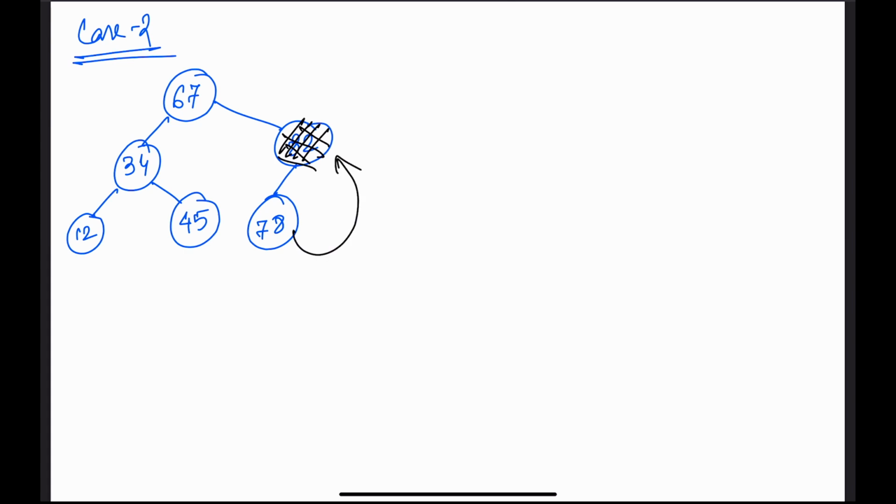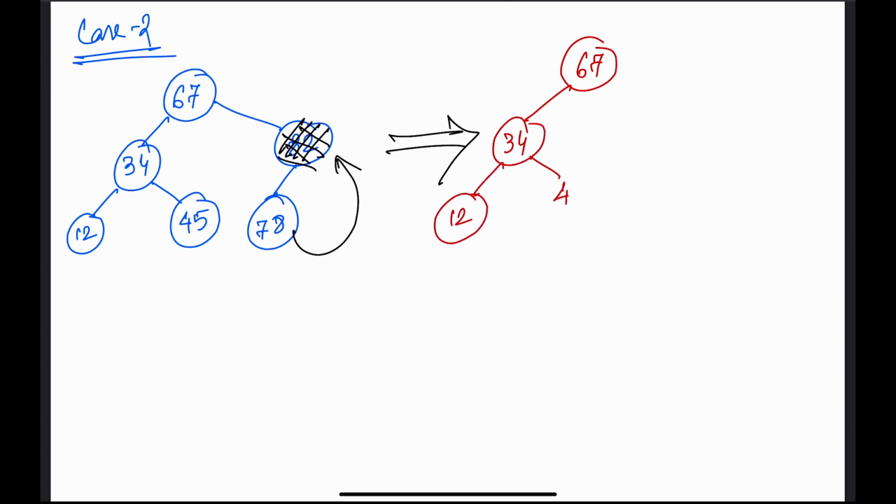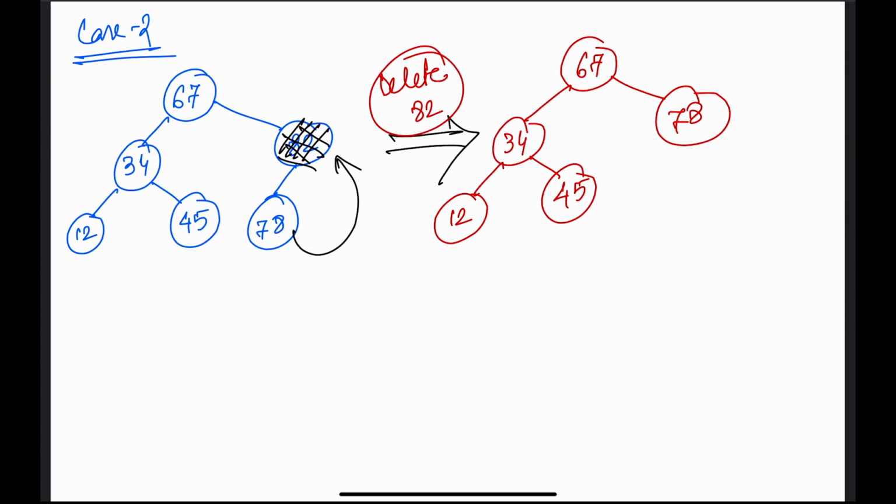This will come here and will take the responsibility. That means the resultant would be 67, 34, 12, 45, then 78. That's it. This is the case 2.